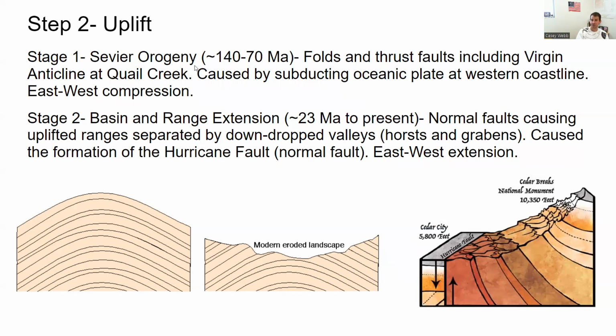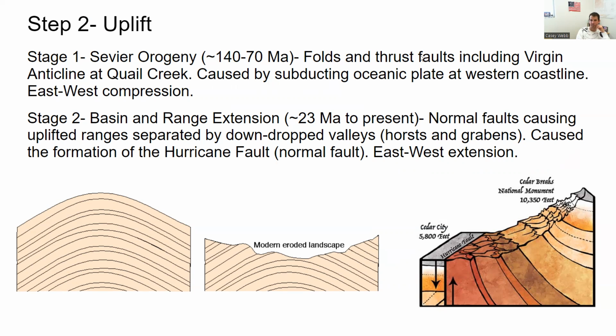Okay. So this occurred around 140 to 70 million years ago. This is where I drew that picture. We had the subducting oceanic plate that caused compression on our North American plate, caused it to buckle and fold. And the result of this orogeny is we get folds and thrust faults that are occurring together.